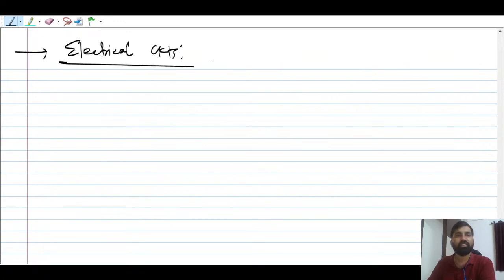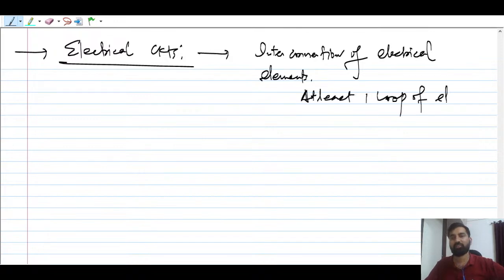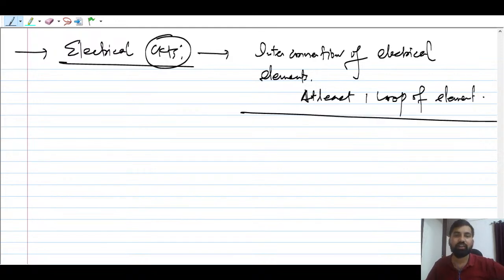It is nothing but an interconnection of electrical elements, with at least one loop of elements. If you are talking about a circuit, there should be at least one loop.